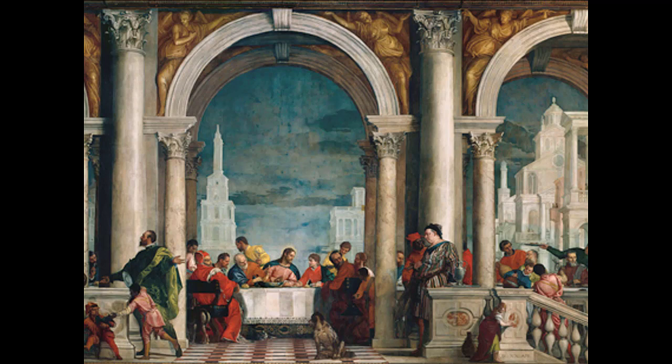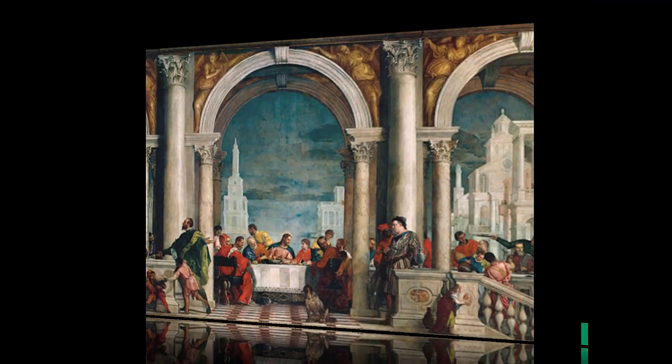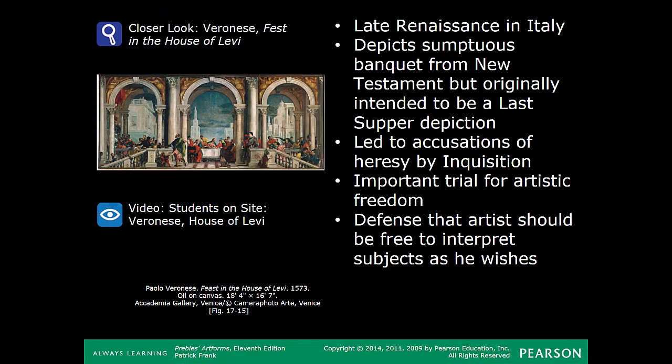Well, actually, this is a variation of that. And so this painter here was actually commissioned to do a painting of the Last Supper, but the artist went out of his way to make it a little bit more telling of the time. He tried to incorporate images of the everyday people. And this is by Paolo Veronese, Feast in the House of Levi.